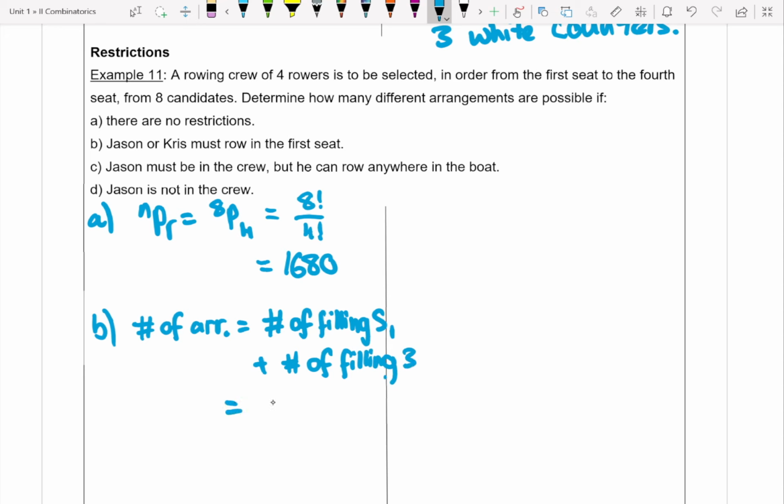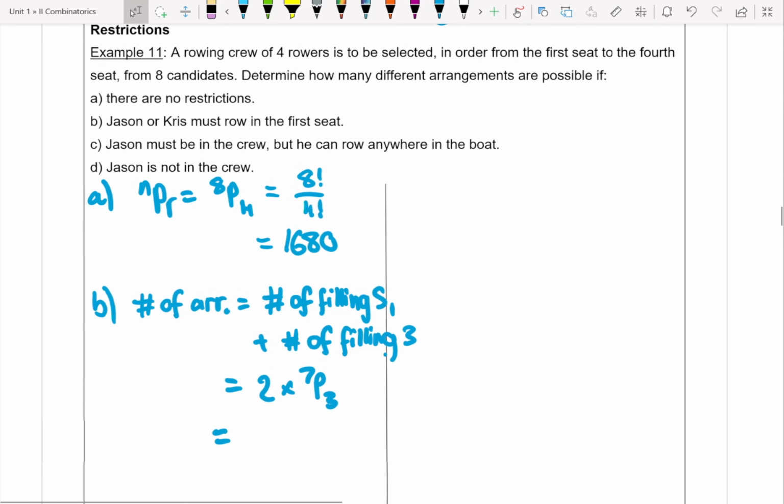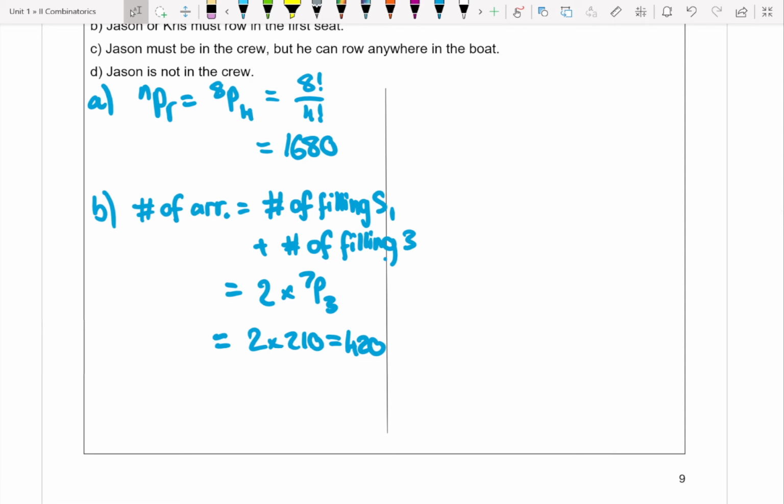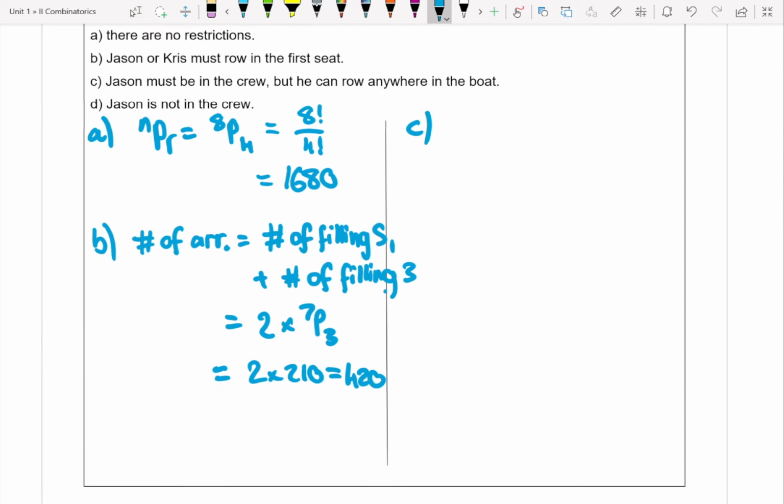That's 2 ways of filling the first seat, and then we had 8 people, but now we only have 7 left because either Chris or Jason must be in the front, and then we're choosing 3 more seats from that. So 2 times 7P3, that's 2 times 210, which gives us 420 different ways of arranging the 4 rowers if Jason or Chris is in the first seat.